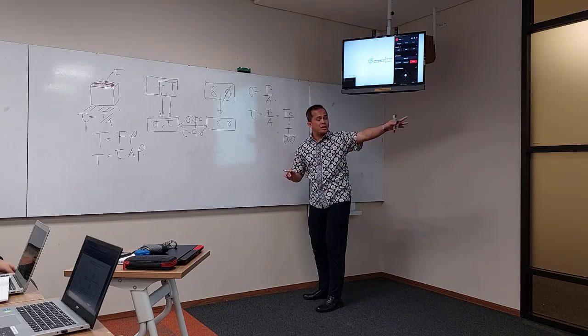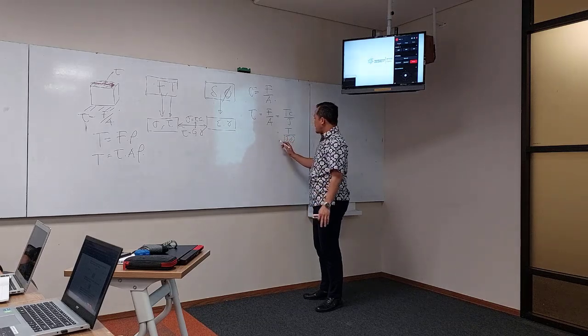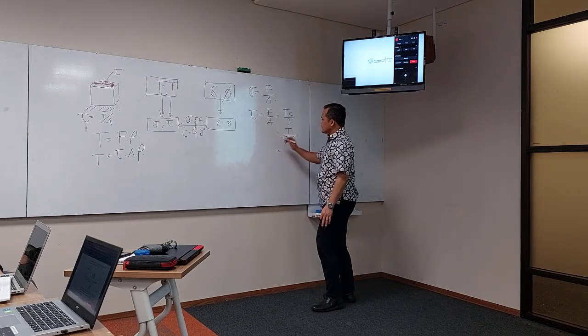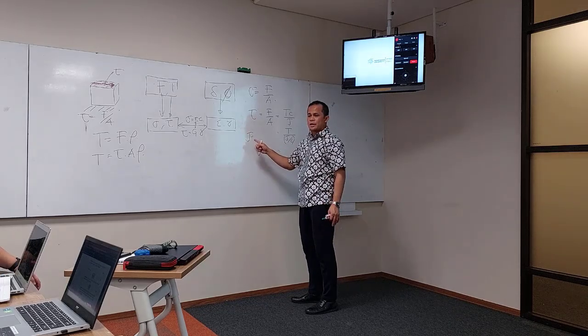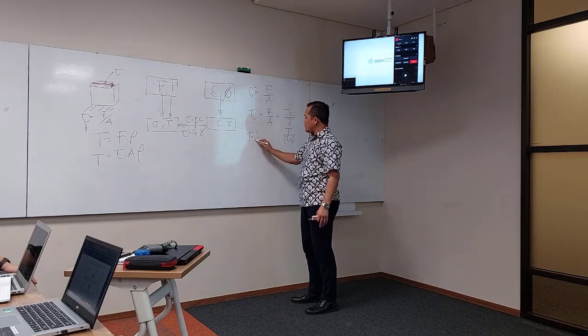If it is a circular shape, what is the polar moment of inertia of a circular shaft? 1 over 2 pi c power 4.